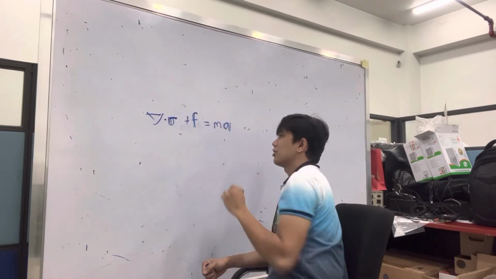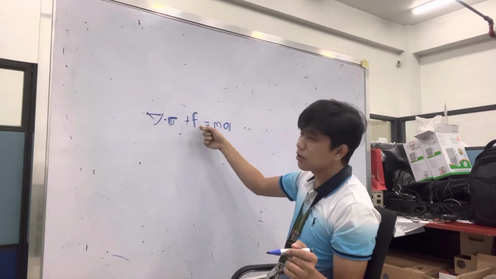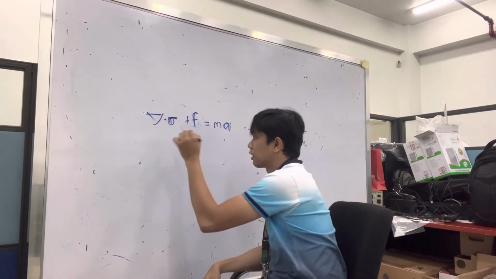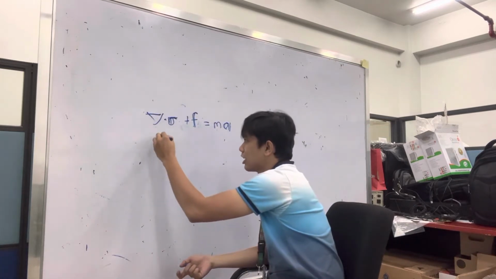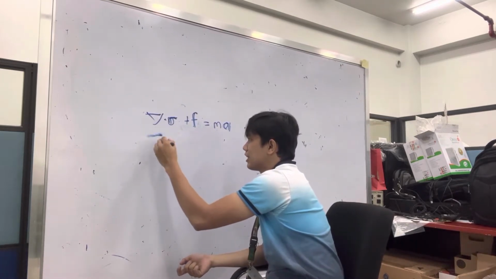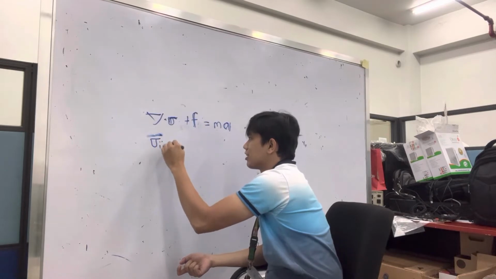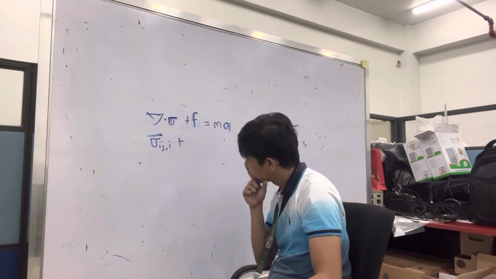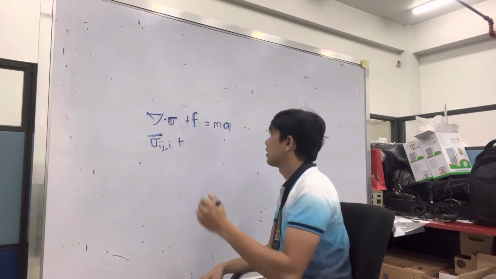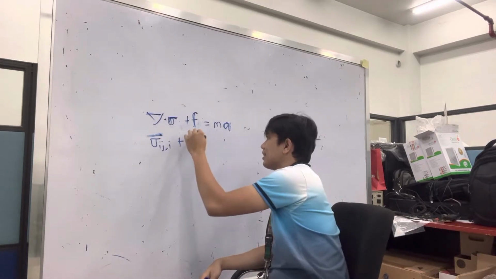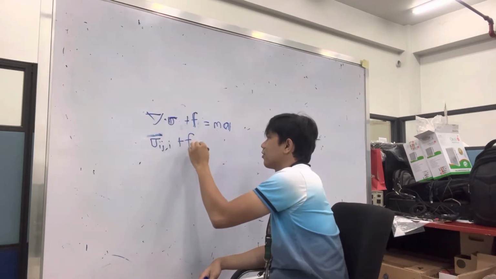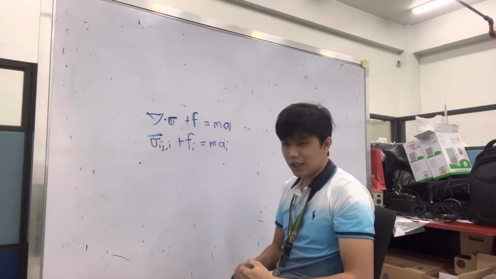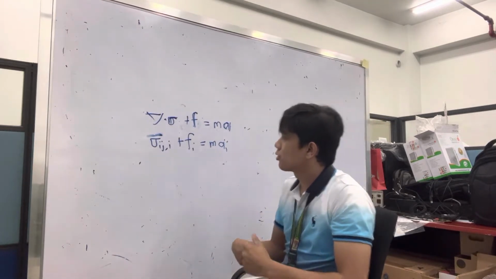The acceleration is another vector, so it is also bold. To express it in index notation, you have sigma ij,j plus f i equal to m a i. This is the index notation for Newton's second law.